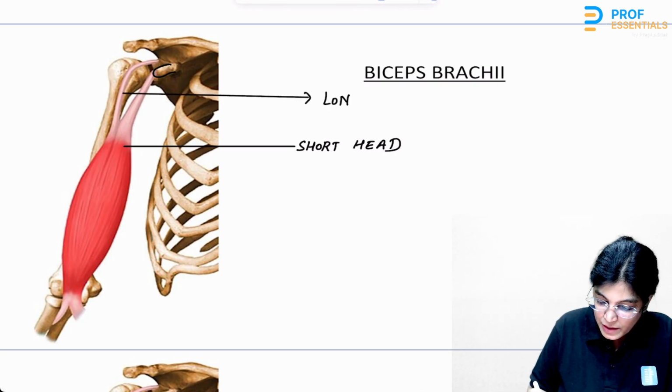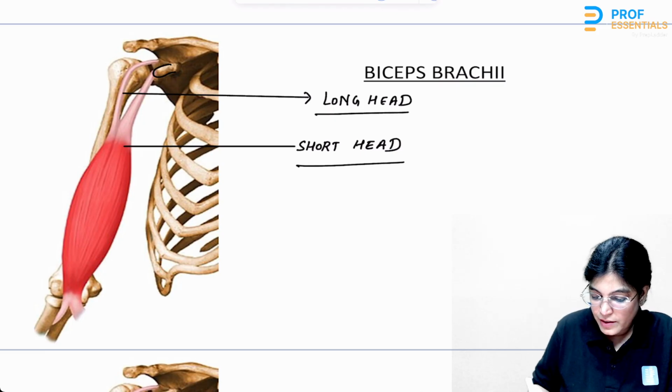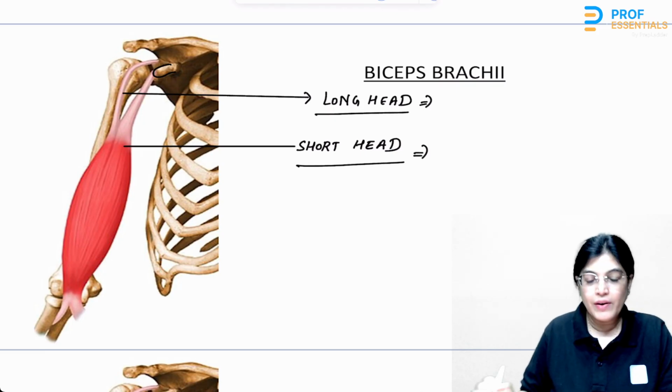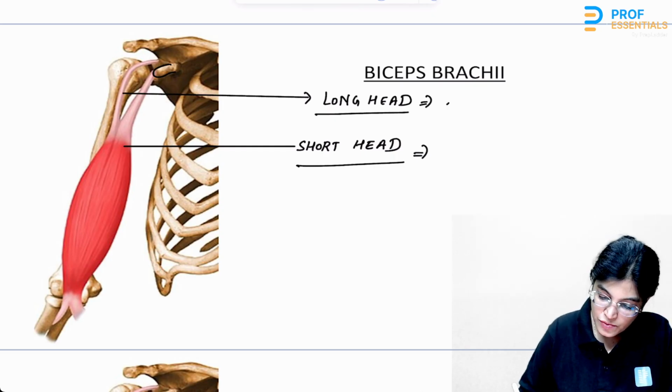Now it is important for you to know about the origin of the short head and long head of biceps brachii. So please write down. The long head of biceps brachii originates from the supraglenoid tubercle of the scapula.